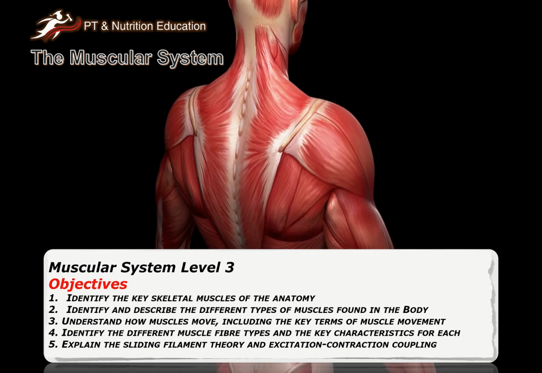Whilst it doesn't hurt to repeat and revise the level 2 criteria again, if you wish you can just skip that and move on to objective 5, which is explaining the sliding filament theory and excitation contraction coupling of muscle contraction. However, the option is there for you to repeat some of the content which we did at level 2, and of course this will prepare you for your level 3 examination.